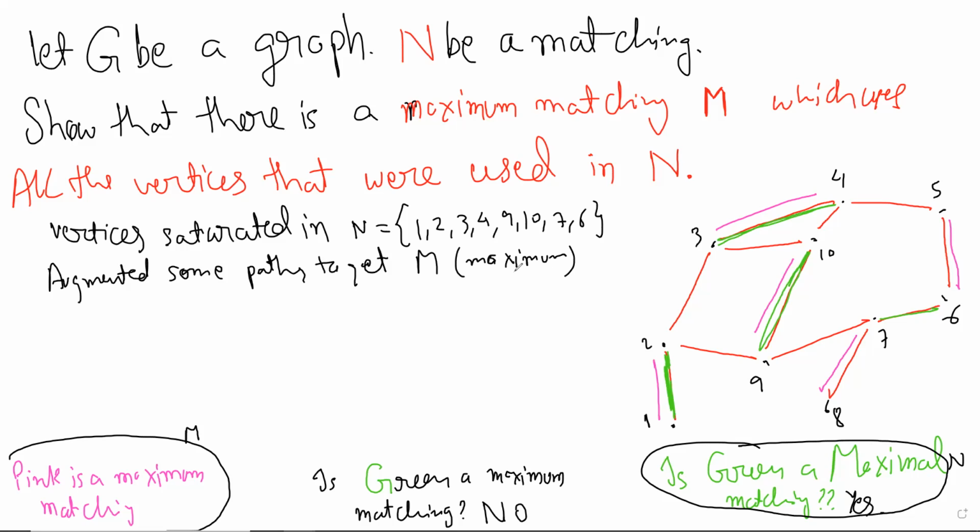Now you see, when you are augmenting a path, the set of edges is not enlarging, in the sense that you're losing the one green edge, but the set of vertices is enlarging. So whenever you augment a path, the vertices that were used remain used, right?